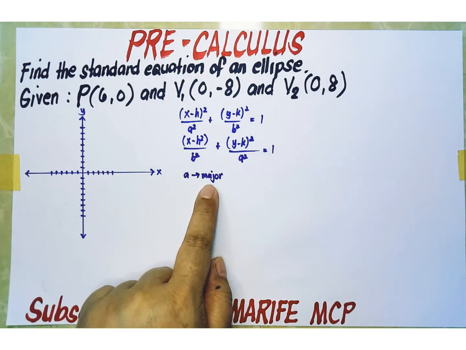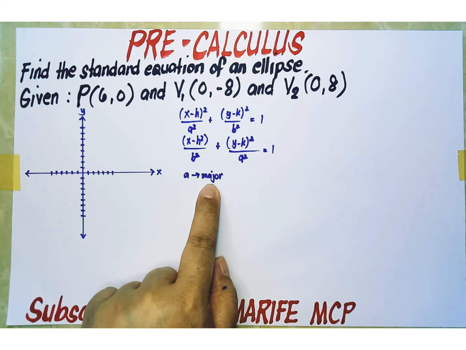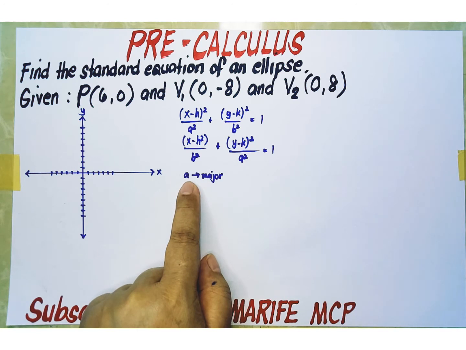Why? The major axis is the largest diameter of an ellipse, and a is actually the largest radius of an ellipse. It's 1/2 of the largest diameter, or 1/2 of the length of the major axis.